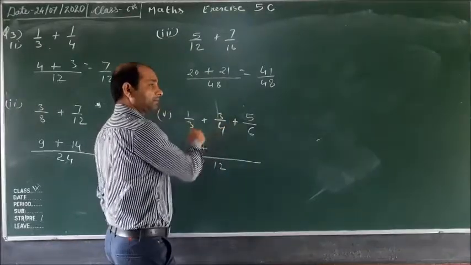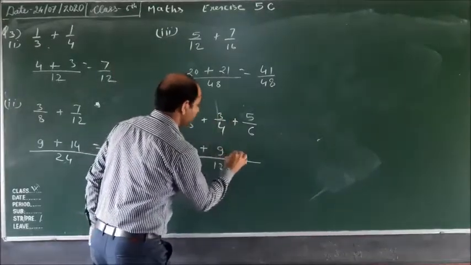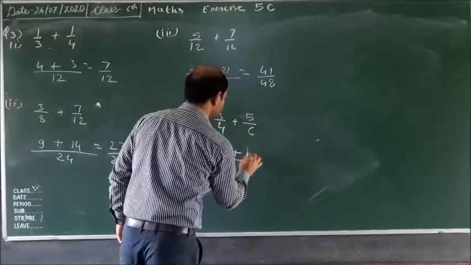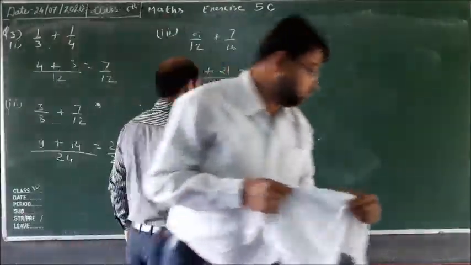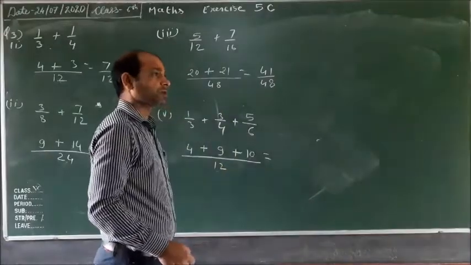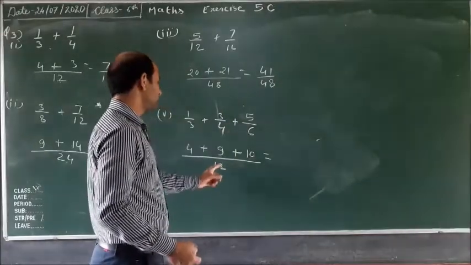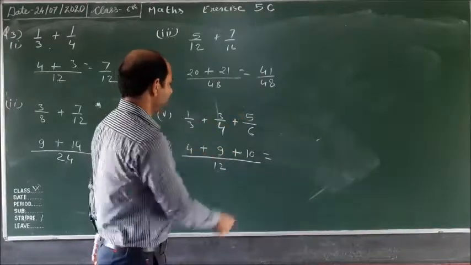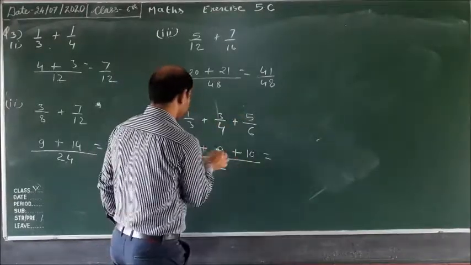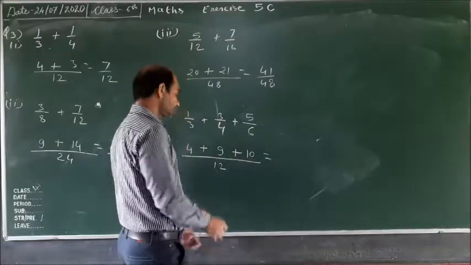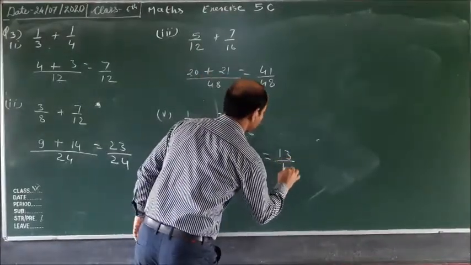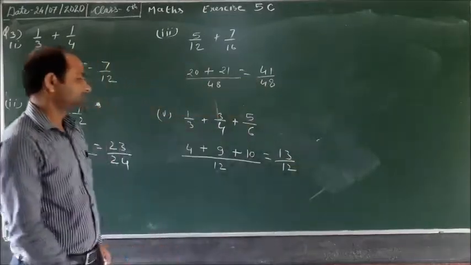Then we multiply by 3, which is 9. 6 times 2 is 12, and 2 times 5 is 10. So 10 plus 9 is 19, and 19 plus 4 equals 13 upon 12.